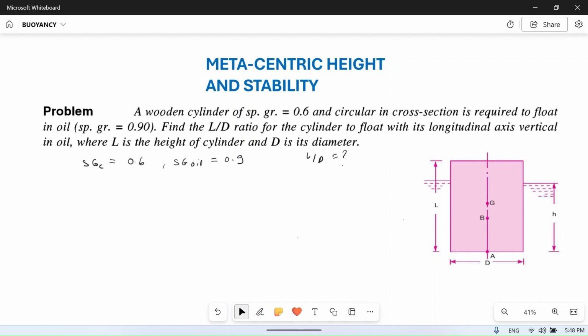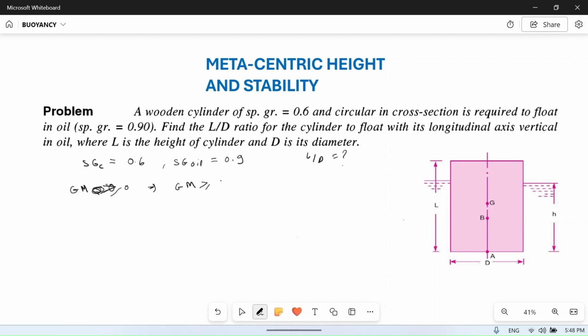First of all, it has to float vertically in the oil. How will we ensure that it can float? For that condition, the metacentric height GM should be greater than or equal to 0. Metacentric height should not be less than 0. It should not be negative.